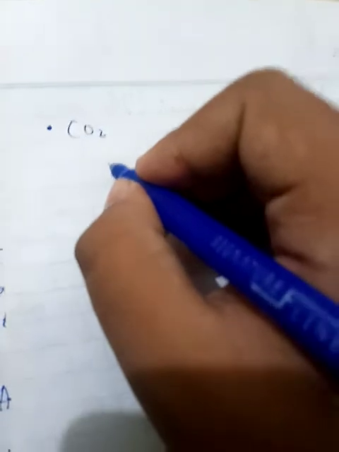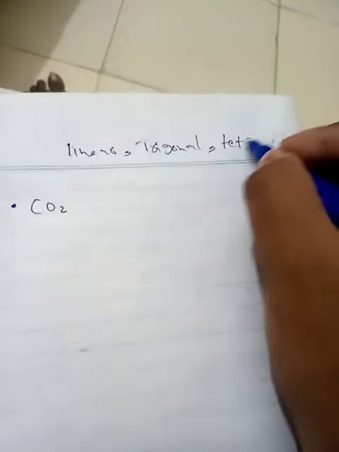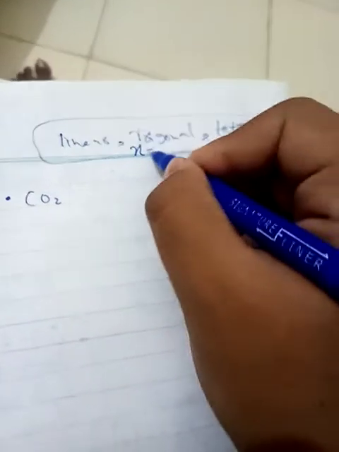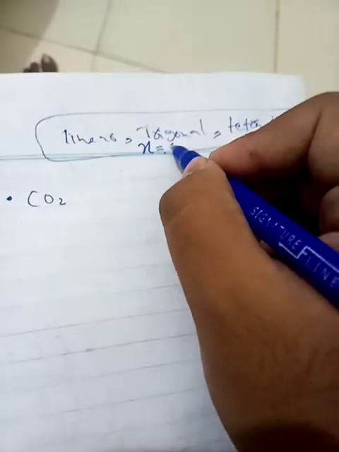Okay, for example, here we have CO2. In the CO2 molecule we have a linear shape. First of all, remember one thing: in molecular shapes like linear, trigonal planar, and tetrahedral, the dipole moment will be 0.